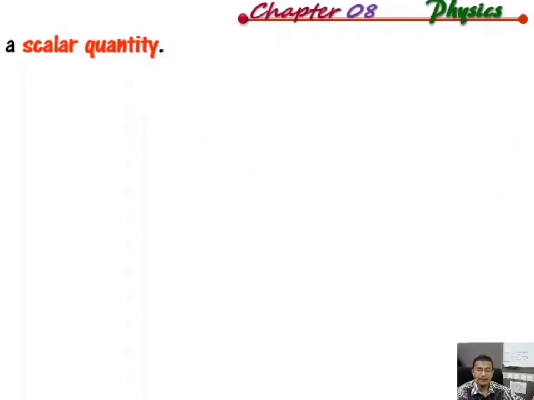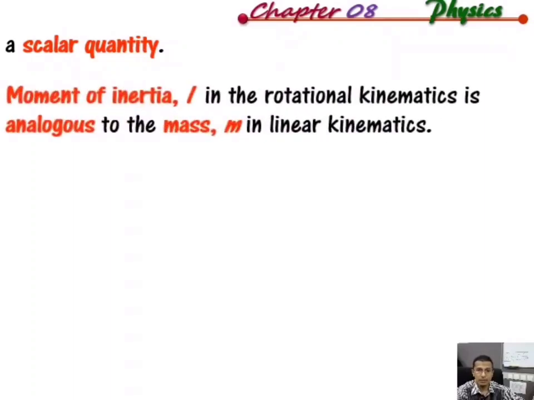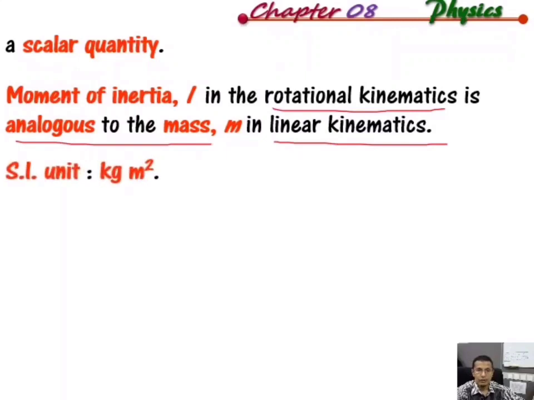If mass, linear mass, is a scalar quantity, rotational mass or moment of inertia is also a scalar quantity. Moment of inertia in rotational kinematics is analogous to the mass in linear kinematics. The unit is kilogram meter squared.